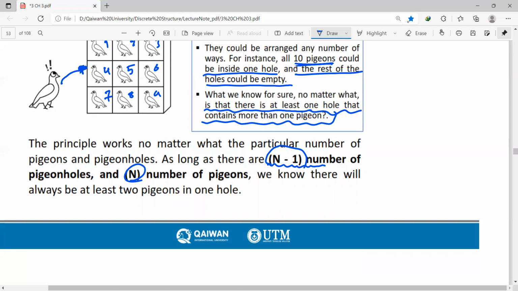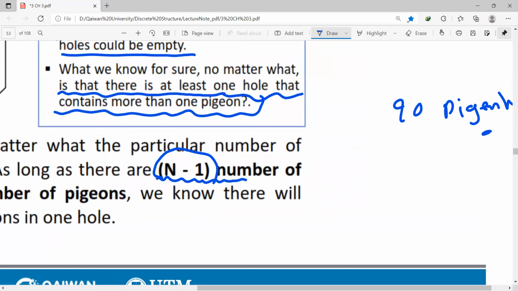Let's say if we have 20 pigeonholes, how many pigeons must we have? We must have 21 pigeons. We must always have 1 extra pigeon compared to the number of pigeonholes.